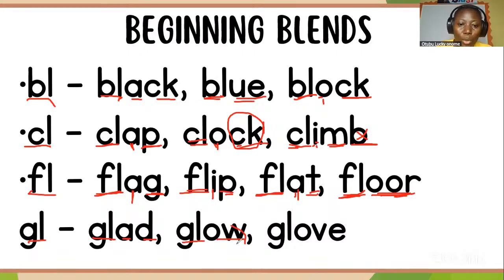The O and W is a digraph and it says oh. Glue, glow. And we have glove. The E here is silent. Glue, glove.